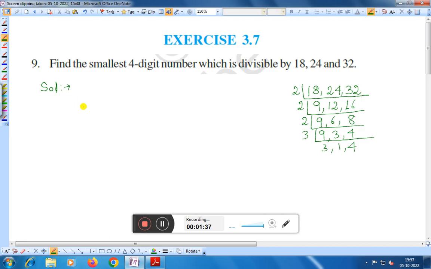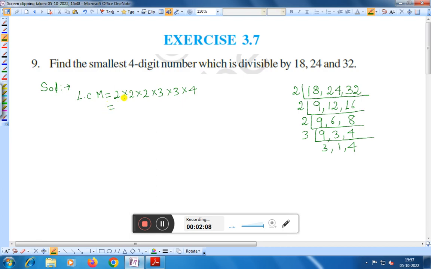Therefore the LCM of the numbers 18, 24 and 32 is 2 into 2 into 2 into 3 into 3 into 4 into 4, right?